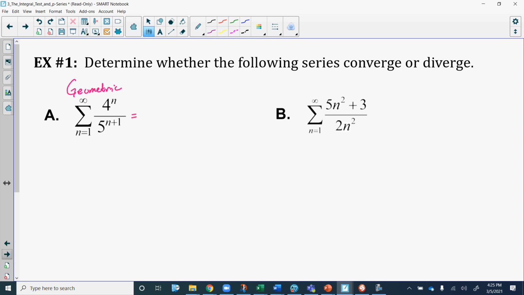And I can rewrite the series to look like this, so it's a little easier to see it. Here we can have our a term be 1/5. The constant ratio would be 4/5, and the constant ratio is what's going to be raised to the power of n. And so now we have our constant ratio.